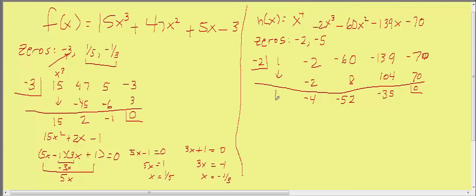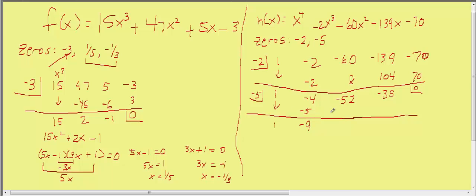Now, I'm going to take these new coefficients. We're now at x cubed, and I'm going to do this one that's broken down by 1. I'm going to do negative 5. You don't want to go back to the original. You just want to do it like this. So drop the 1, and I get negative 5, then negative 9.